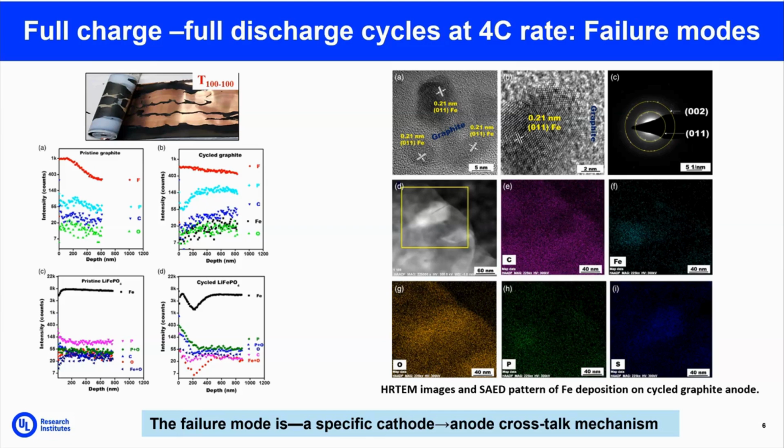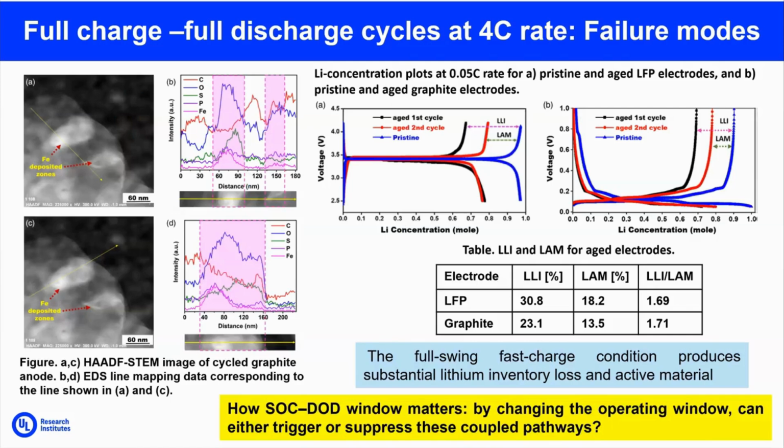Whether it is fully diffused into the structure of the graphite or on the surface, for that we have done further analysis. We have done line mapping of the area where the Fe particles were identified, and from the line scan analysis, we can see that where the Fe particles or clusters are deposited, the SEI compounds concentration, like the chemical composition, was very high, very rich.